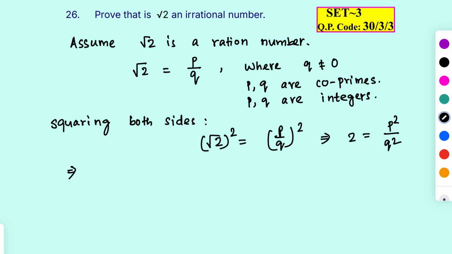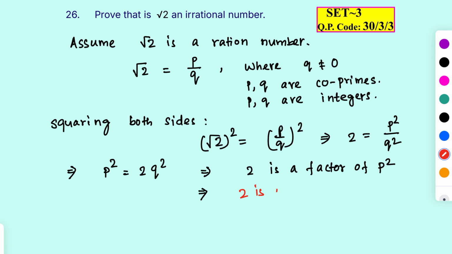So we can write this as p square is equal to 2q square. As 2 is multiplied with q square, 2 is a factor of p square, which implies that 2 is also a factor of p.